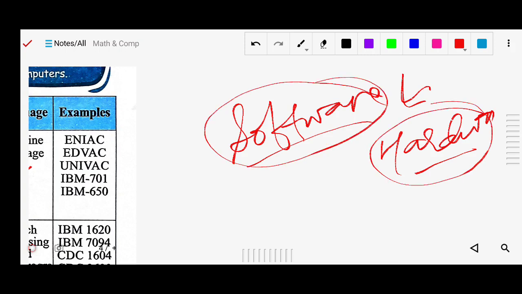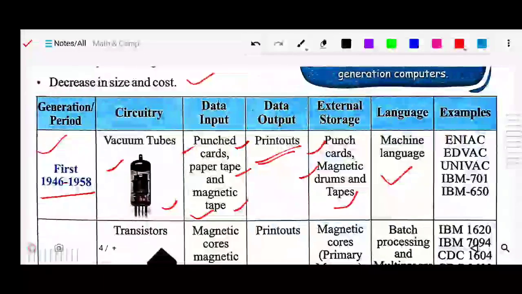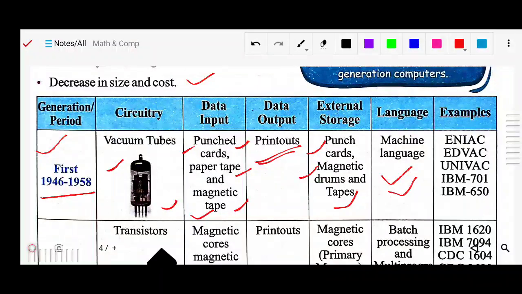If there is no hardware, it will not run. There should be both, and with the coordination of both hardware and software, it runs. In the software, the most essential part is the OS, the operating system, because it manages both the hardware and application software to run. So this software was written in machine language.